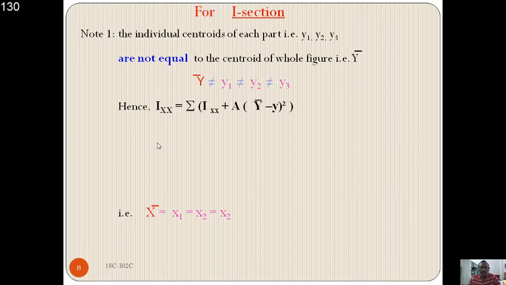The first step is to find the total centroid of the figure.